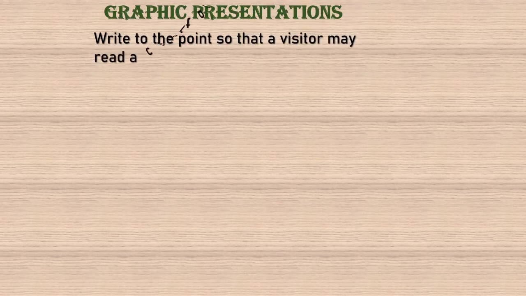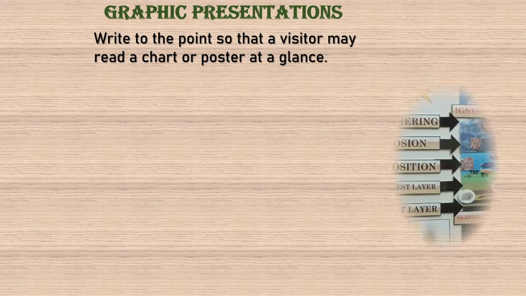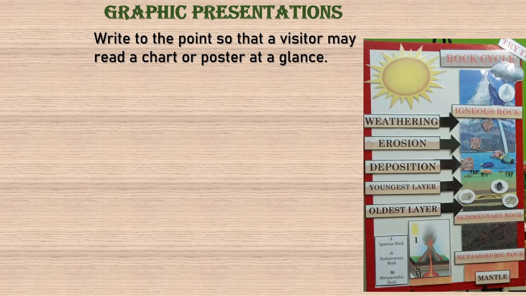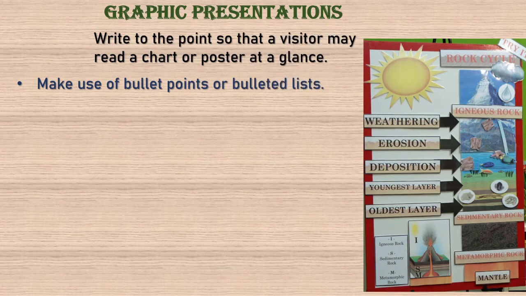Graphic presentations. First, write to the point so that a visitor may read a chart or poster at a glance. Here you can see the example. Make use of bullet points or a bulleted list, means important points you have to highlight.